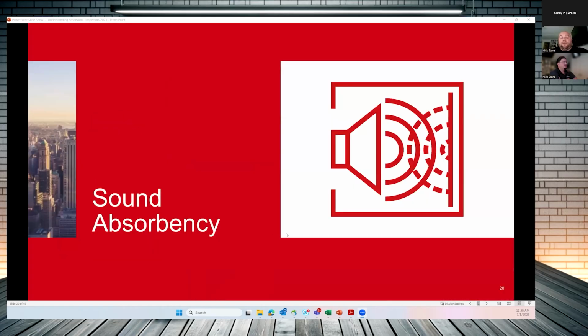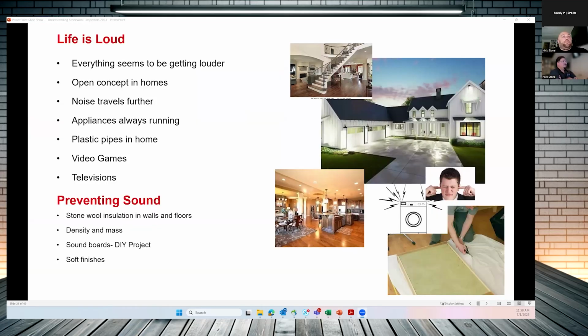So now we're going to move on to Omar's favorite category, sound absorption. Yeah, this is one of the things that I love as well. Because as you know, a lot of homes out there are being built with these great open floor plans, super tall cathedral ceilings, and it looks gorgeous, but it is loud.